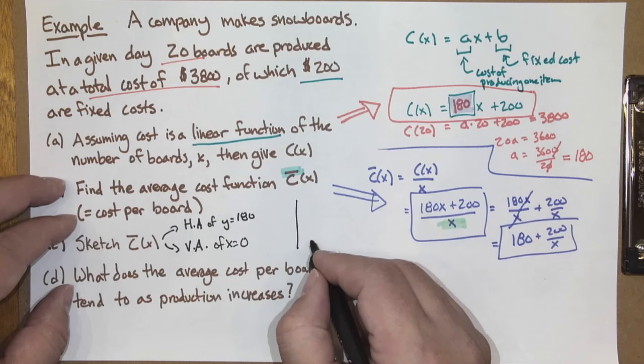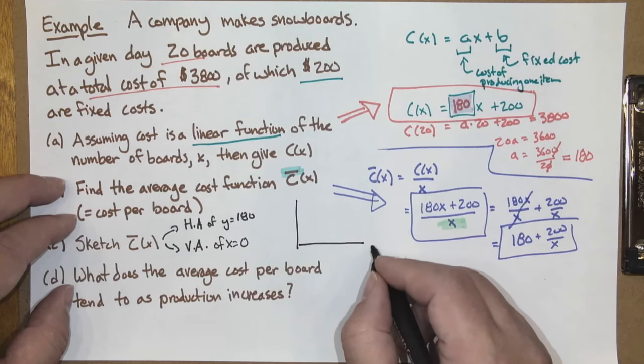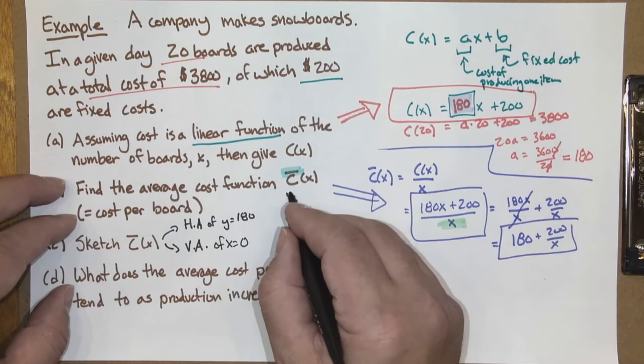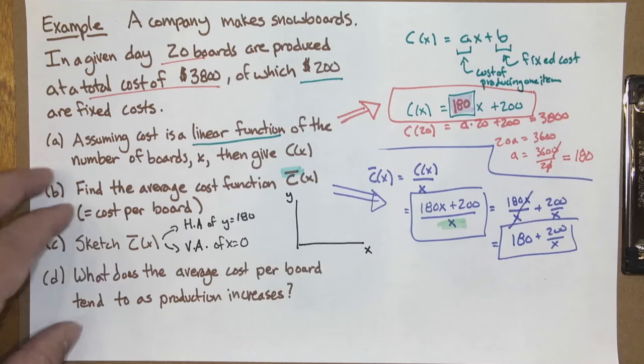So, what do we have? Well, if we plot, now one thing is we're not going to have negative x. We don't really care about negative values of x. Why don't we care about negative values of x? As a function, we can plug it in, but why don't we care?